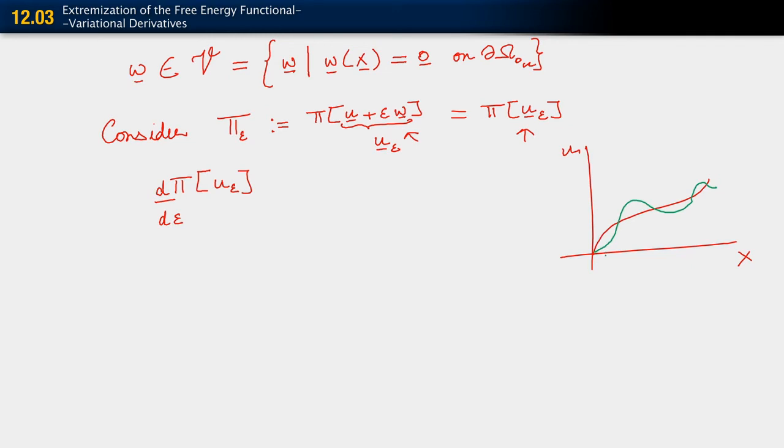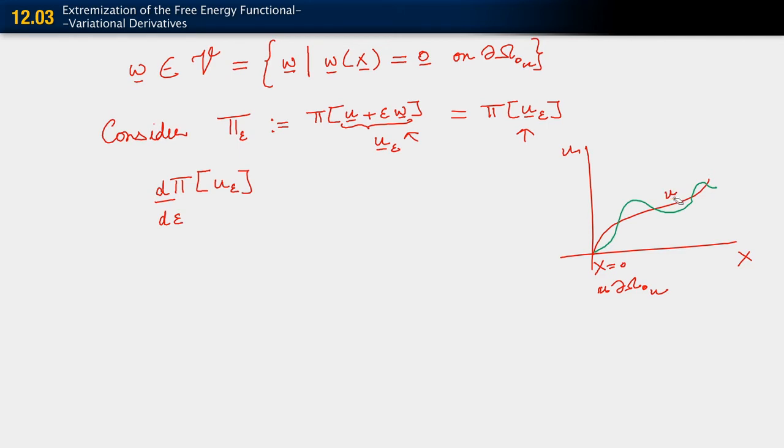So in fact what I could say is that in this one-dimensional setting, this point here, x equals 0, is that. And there I'm making sure that both u and my varied function u plus epsilon w, that is u.